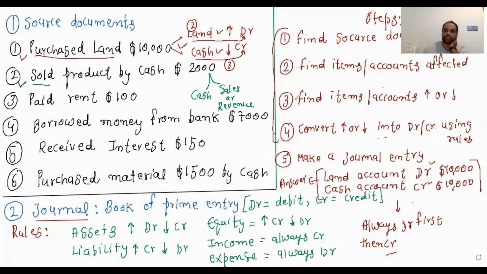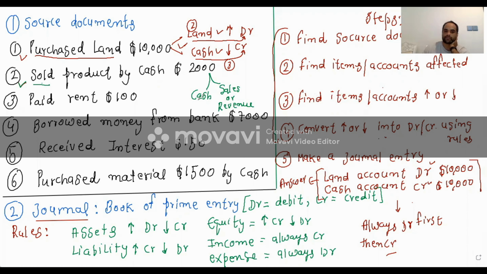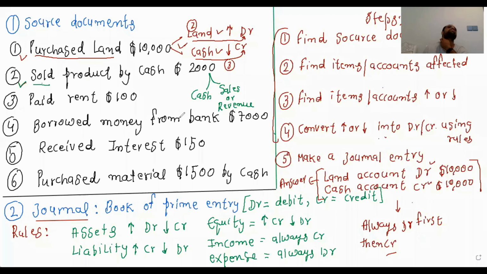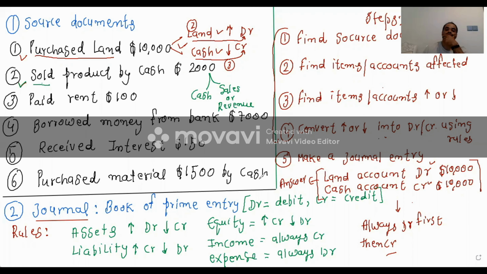Step 2, finished. Now step 3, find whether these items, this and this, increase or decrease. So cash, increase or decrease? I think it's decrease.